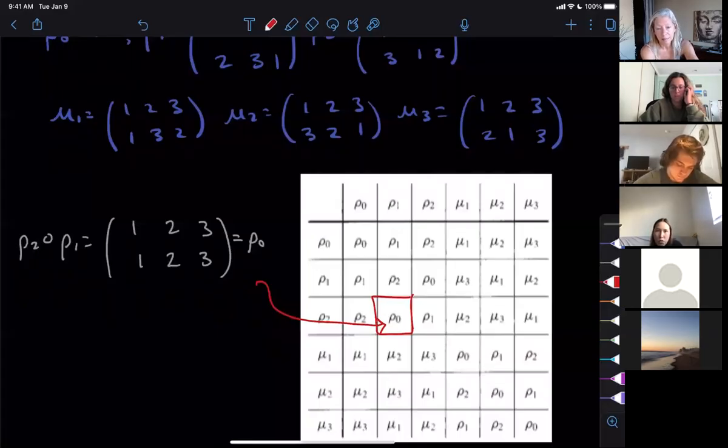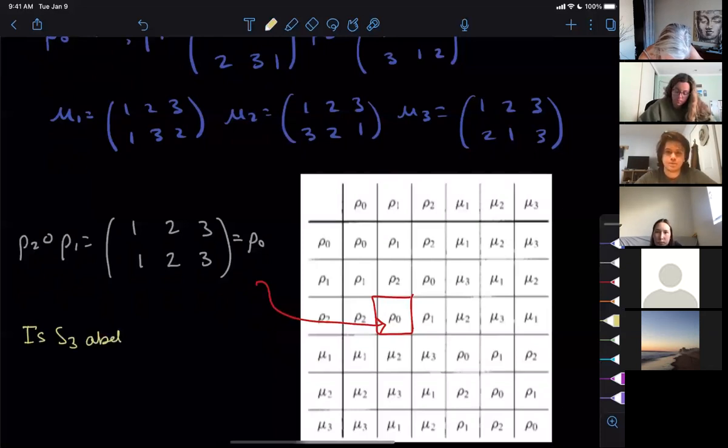Is this group abelian? No, it's not symmetric on some of the mu's, looks like. Yeah, that's right. Thanks, Hunter. It's not symmetric on some of the mu's. So let's just pick a random one.